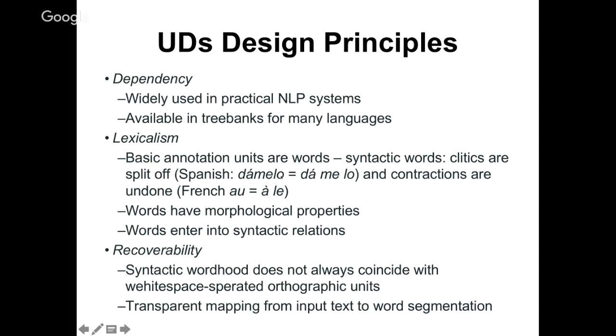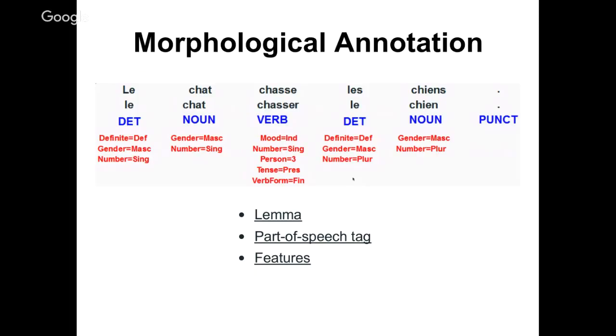So if you segment dámelo into 3 words, into 3 tokens that become 3 nodes in the tree, da, me, lo, you must always be able to get back to the source, to the original text. And this is recoverability. Okay, let's see morphological annotation. It's very simple. You see that for each word form, here, this is the sentence in French, there is the lemma.